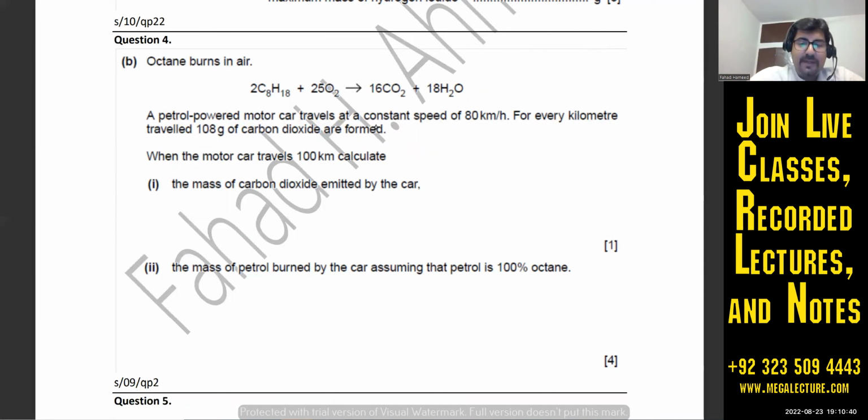So he says that the motor car travels 100 kilometers; find the mass of carbon dioxide. If it travels 100 kilometers, it's pretty obvious how much carbon dioxide will be produced.